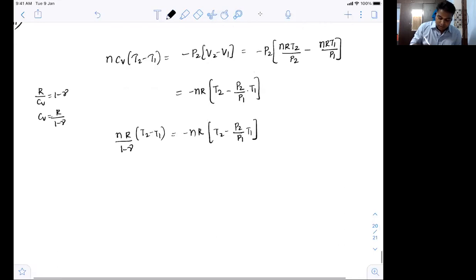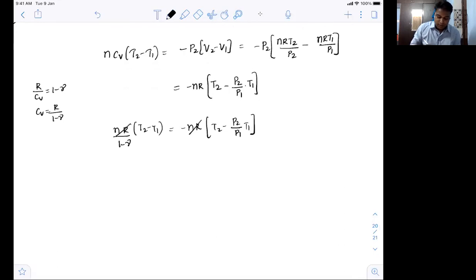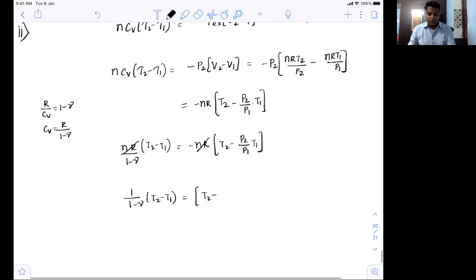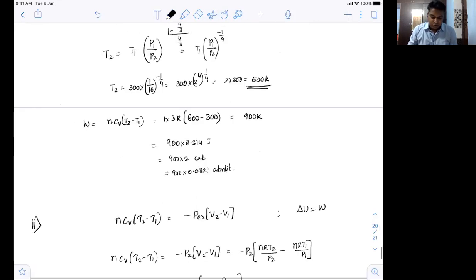So nR will get cancelled. So I'll be left with 1 by (1 minus gamma) into (T2 minus T1) is equal to T2 minus P2 by P1 into T1.